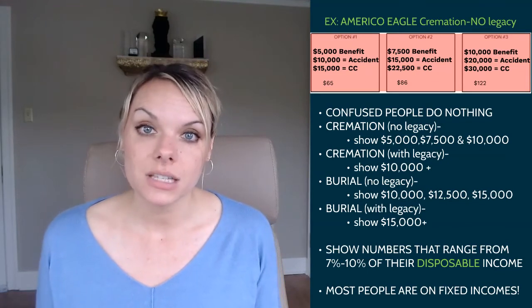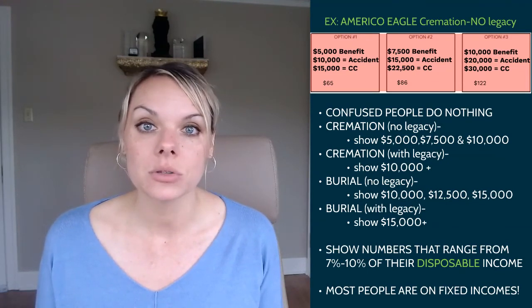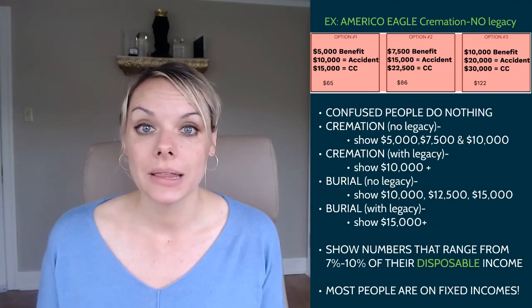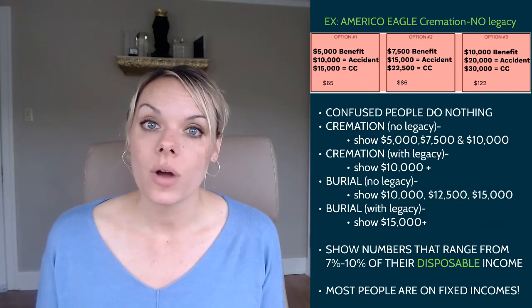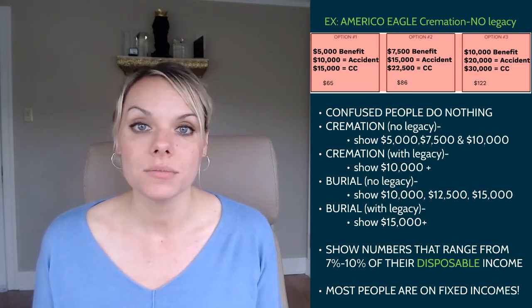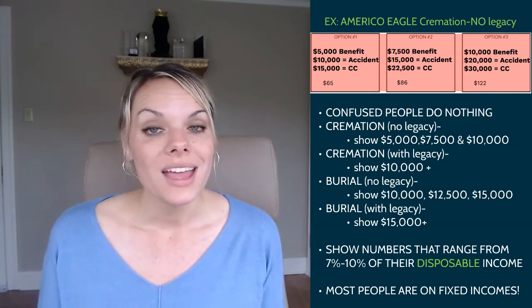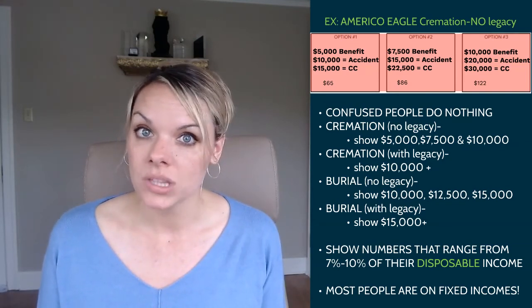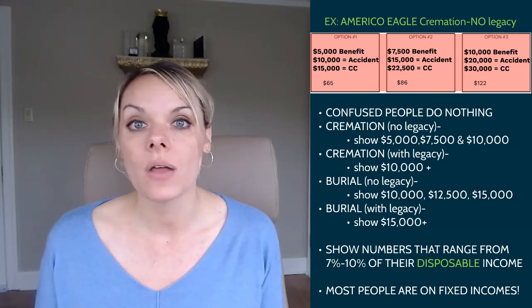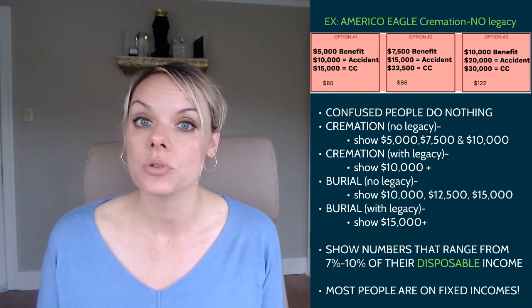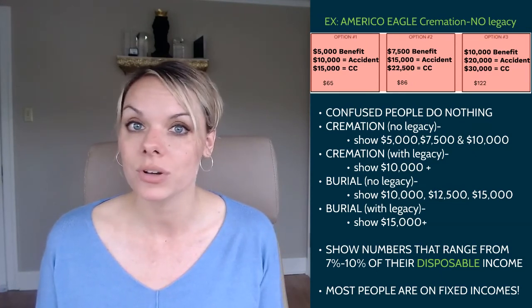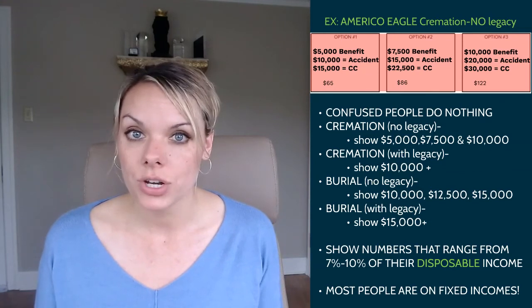Most people for a final expense are on a fixed income, meaning Social Security or disability only. So be very well aware of the fixed incomes that they have, but also know that they know what their budget is. When they say that they need to think about it or on their budget, fixed income, Social Security, disability, things like that, retirement income, they know what their budget is.